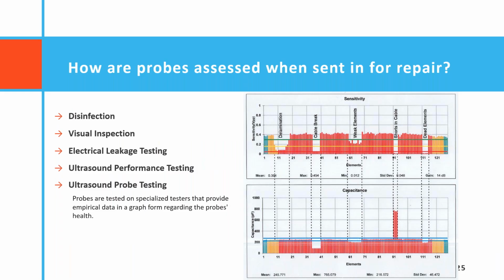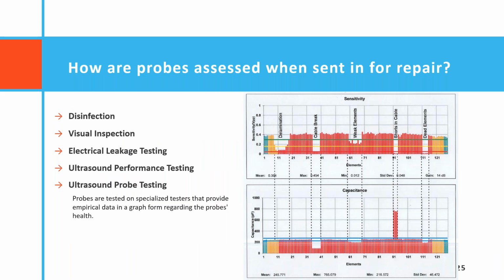And the way we do it, we get a probe in, we make sure it's disinfected, we do a visual inspection, we perform electrical leakage testing on it, and then we do ultrasound performance testing, meaning we hook it up to a system, and then ultimately we put it on a probe tester. And you can see from this, most of what we do is exactly what you should do in the field.